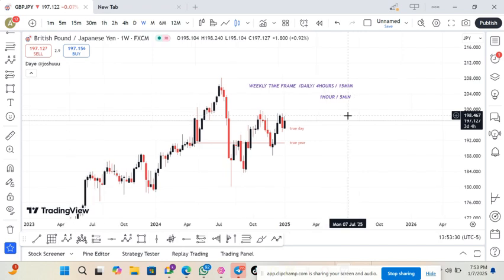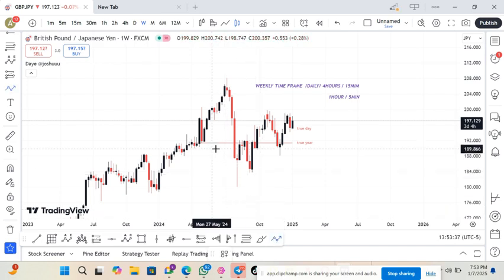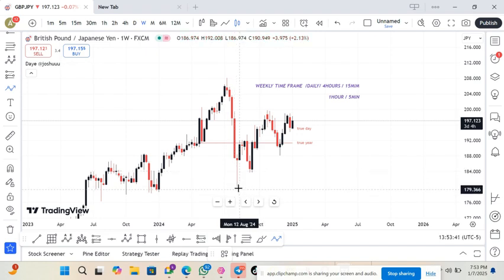So now where are we? We're in the weekly time frame. How do you read the structure to know if you're bullish or bearish? High, low, high.